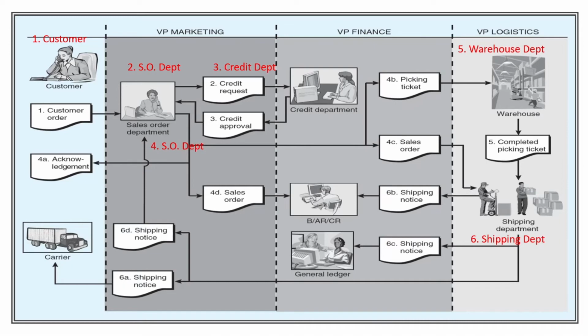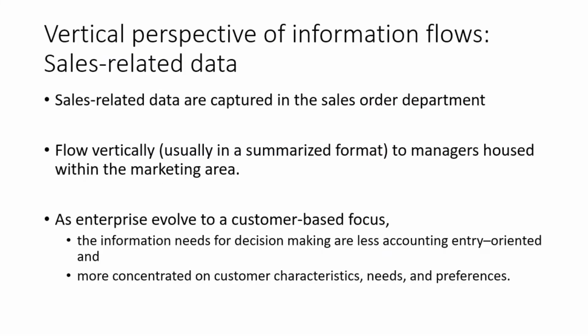Accounts receivable subledger, subsidiary ledger, is updated, and then finally the general ledger gets updated with the information.